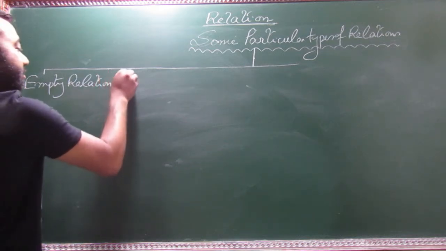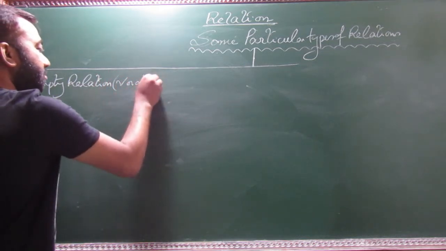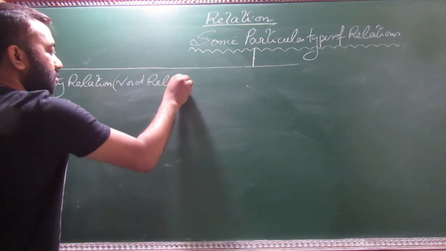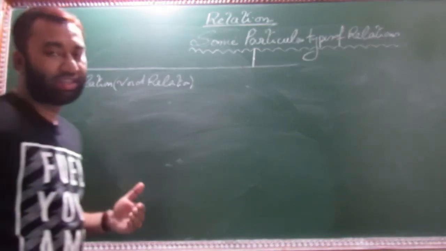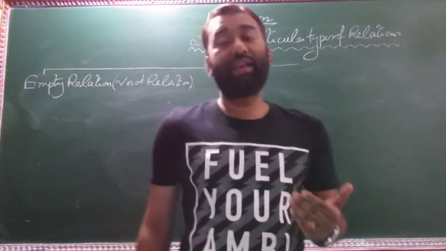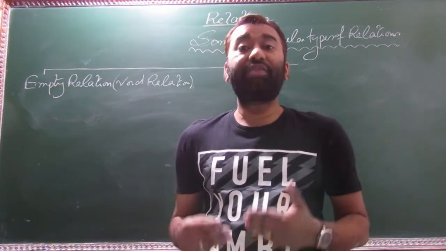Another name of this relation is void relation. Whenever I discuss a definition, I will give you the example. Then it will help you understand in a far better way.